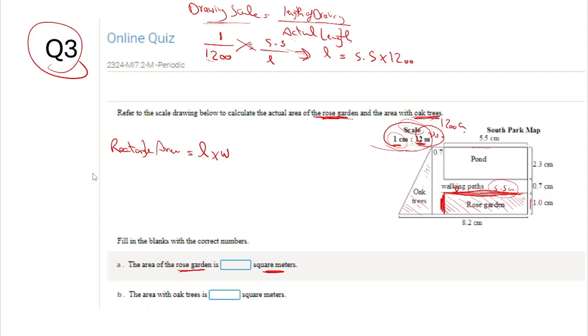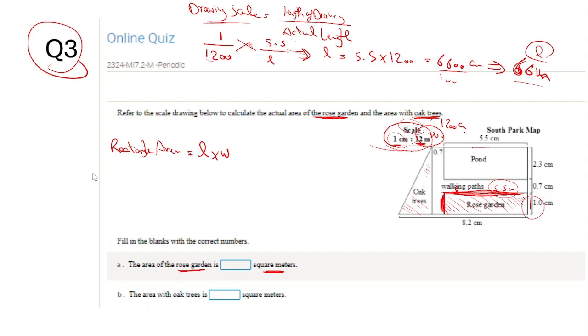Okay, so we will calculate it. So it will be equal to 6,600 centimeters. Make it to meters, divided by 100, so it will be 66 meters. Okay, so this is for the length of the rectangle of the rose garden.